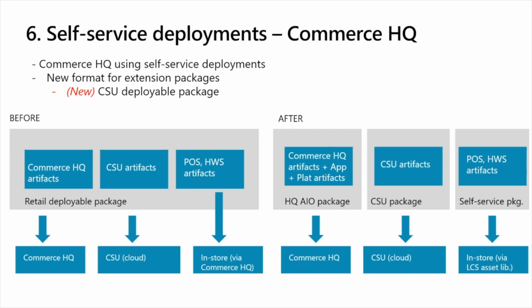And more importantly, when you want to update the self-service packages, or add a customization to them, you are no longer required to deploy an extensibility package to Commerce HQ, and thereby you alleviate the need for additional downtime for Commerce HQ. So this is a zero downtime way of getting these packages available in Commerce HQ for deployment.